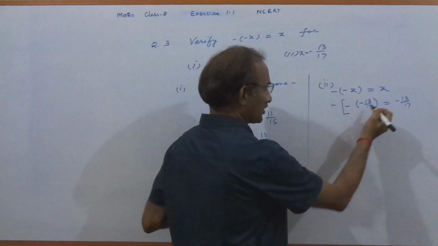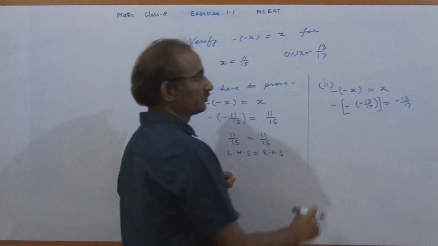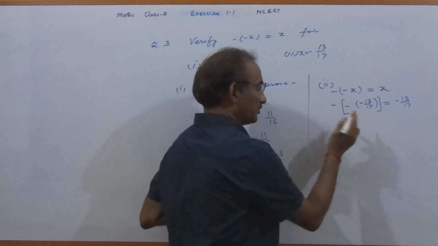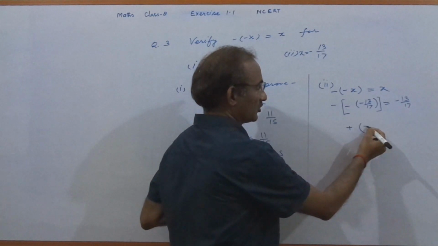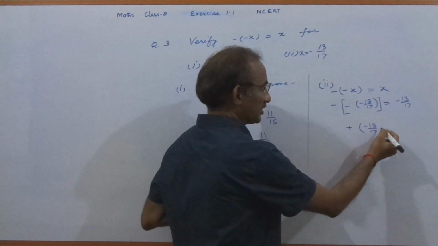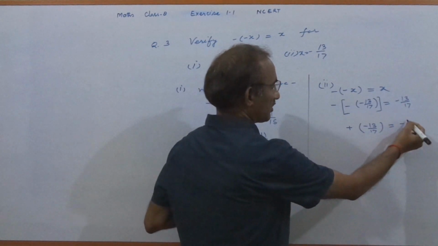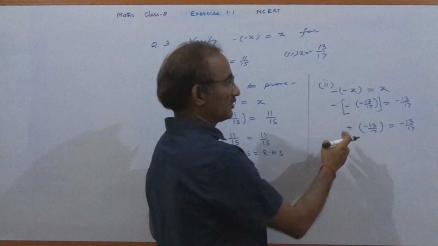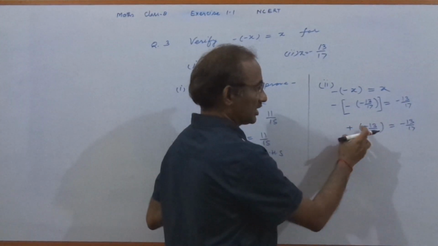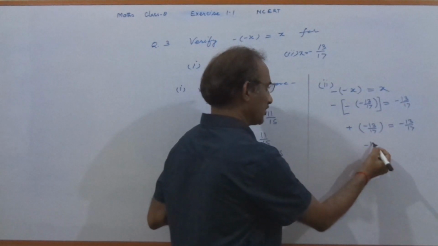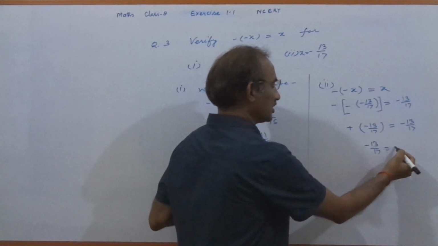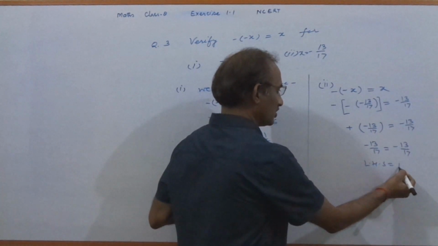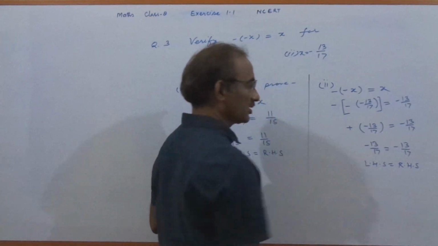Minus of minus x, negative of negative, so it will be positive. So minus 13 upon 17 equal minus 13 upon 17. Now plus multiplied with minus, so it can be written as minus 13 upon 17. So left hand side is equal to right hand side.